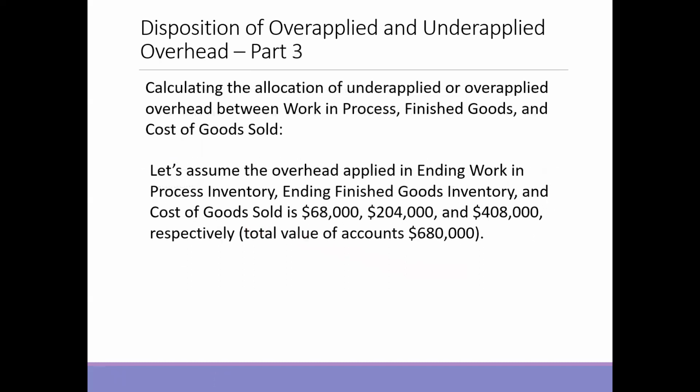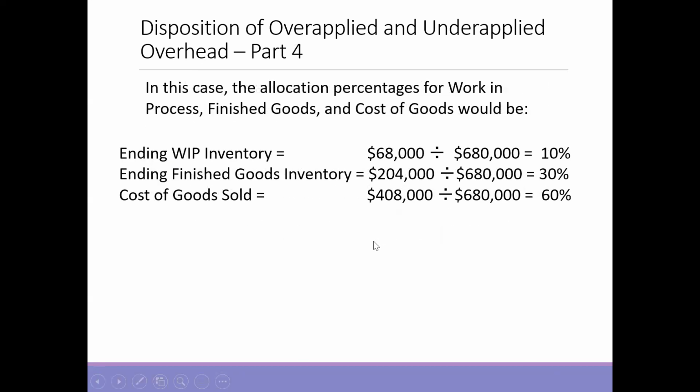Calculating the allocation of underapplied or overapplied overhead between the three accounts. If we say that work in process is at 68, ending finished goods is at 204, and cost of goods sold is at 408, with a total of these being 680, we'll take each of these accounts and prorate it.